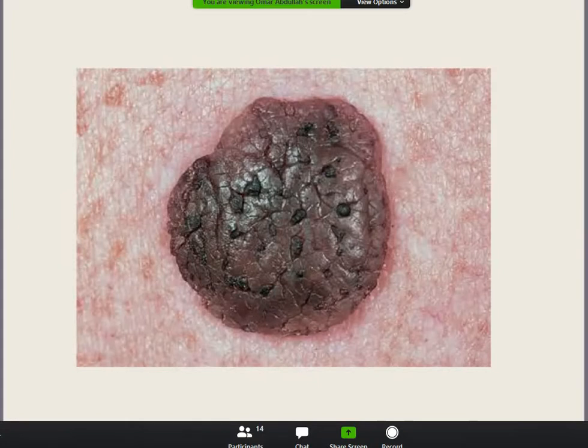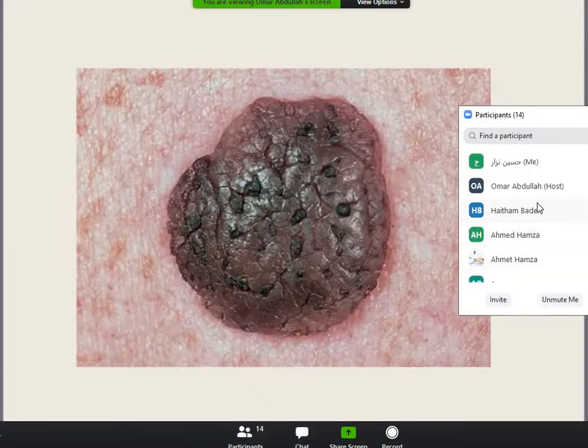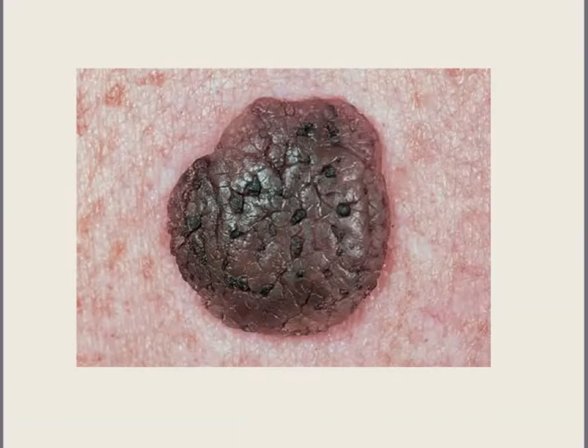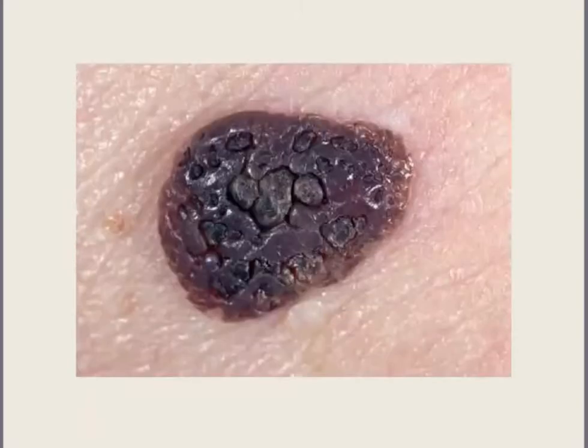Again, brown, well demarcated, stuck on lesion. وكأنه جاء واحد لزقه على الصبع. Okay, usually on the face and trunk.